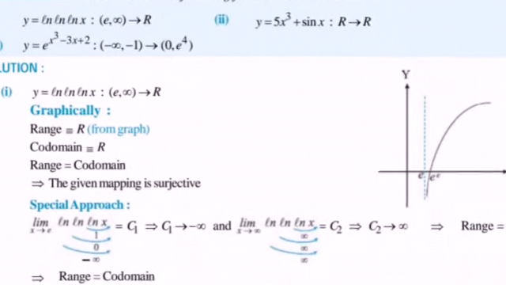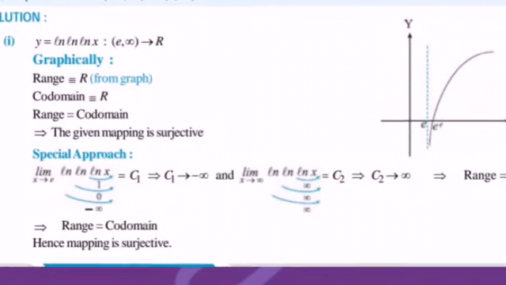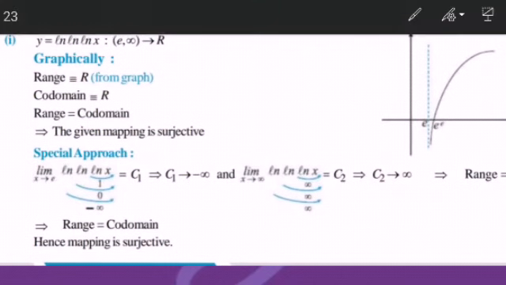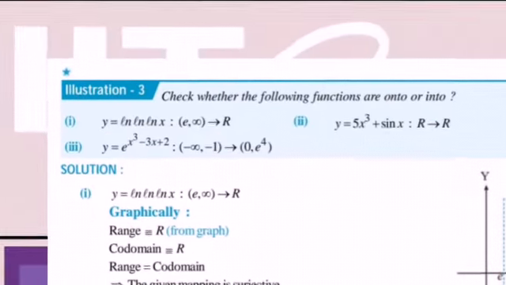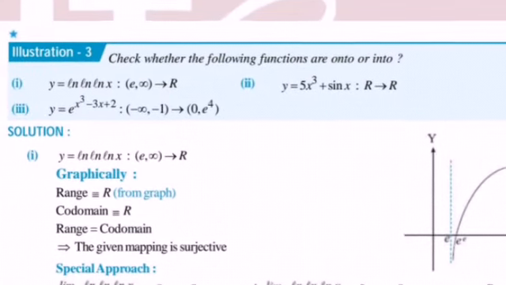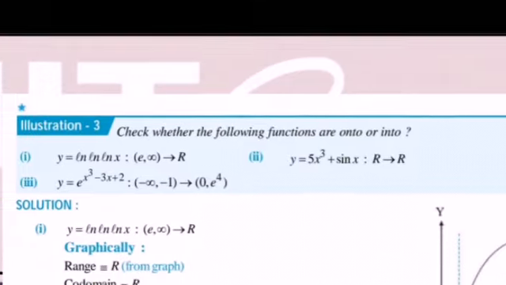And for a special approach, consider the limit of ln of ln x. Here we have to go for x tending to e, because the lower boundary is x equal to e, as you see in the question.